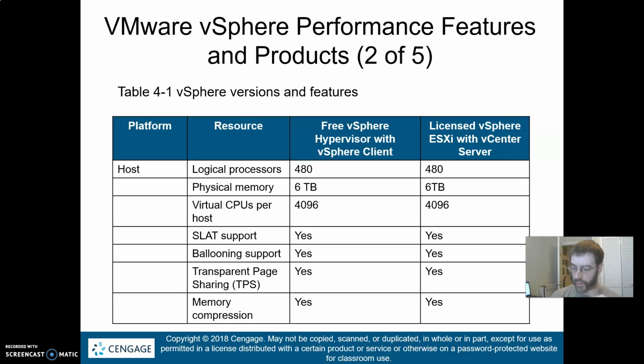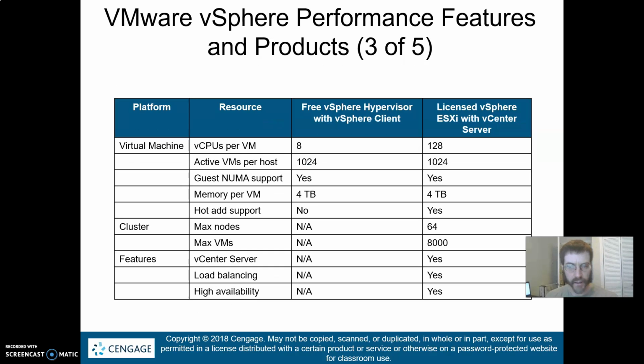When we start seeing the divergence is here. In terms of your vCPU, your VMs and your virtual CPUs, your free version of this supports fewer virtual CPUs. It does not support hot add, as in with the free version of ESXi and the vSphere client, you can't add more memory to your virtual machine on the fly.